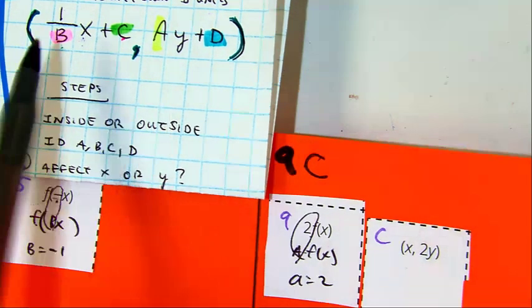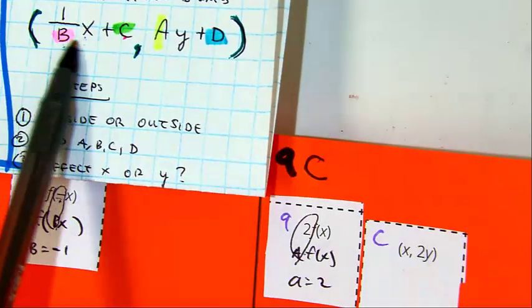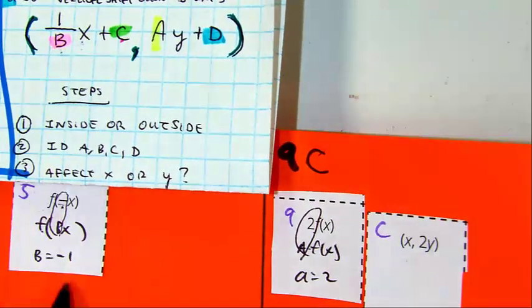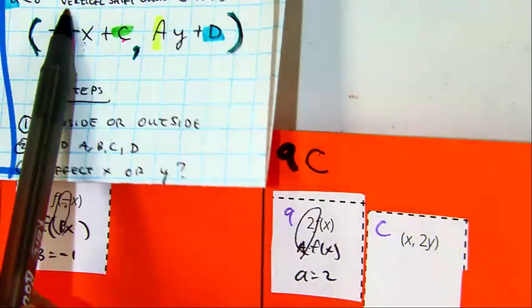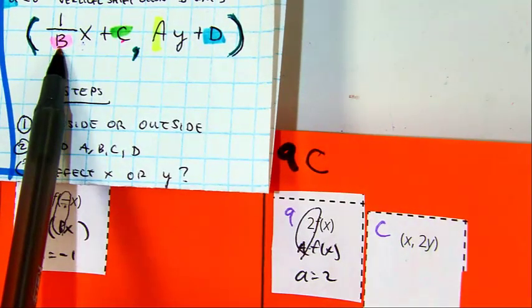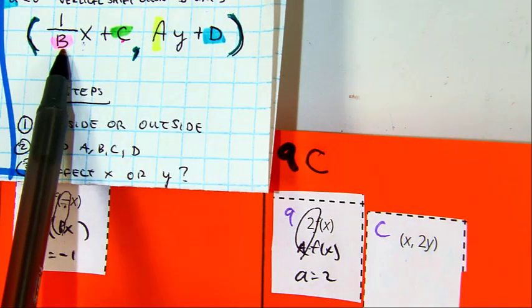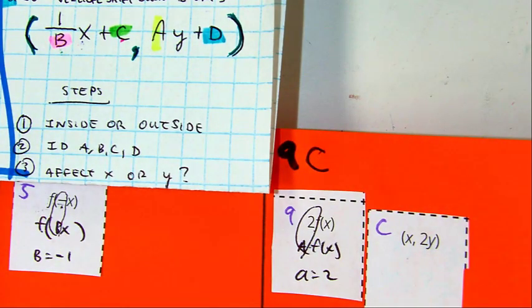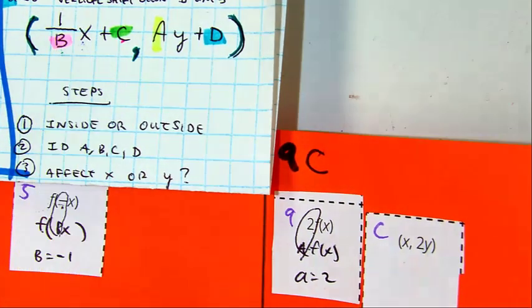So I look at my B value. It does affect the X. We're going to put in the -1 here. Adeline, what's 1 divided by -1? 1 divided by -1?